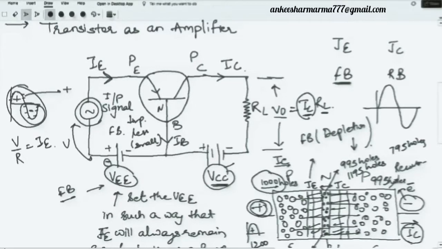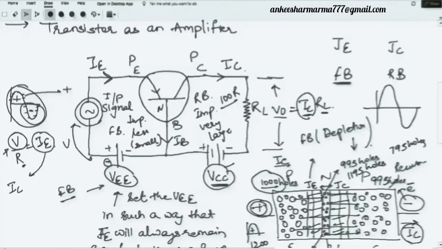Right? It means a small voltage will give you current IE, because R is very small. But at the output section, it is reverse biased. Due to the reverse bias, my impedance is very large. I will assume this impedance to be 100 R. Now, as I said, IE is almost equal to IC, because a very small amount of IB has been taken out.